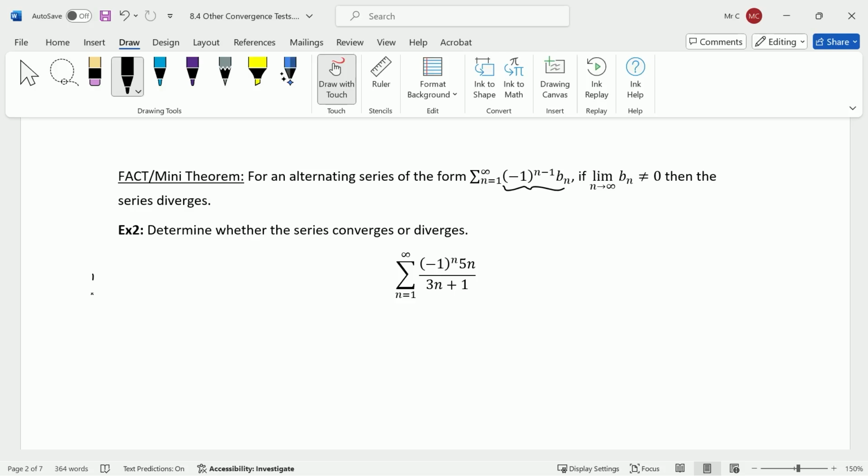So, for example 2, I see b sub n is 5n over 3n plus 1. And so if we take the limit as n goes to infinity of this, I'll take my usual approach and multiply by 1 over n, top and bottom.